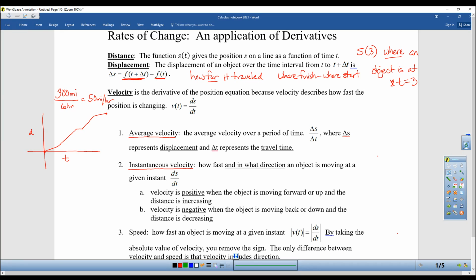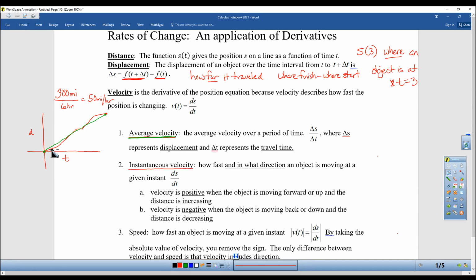How do we find average velocity graphically? It's literally this average slope. Okay, average velocity is that. But if I said to you, what is the instantaneous velocity at hour 3? Exactly how fast was I going at hour 3?